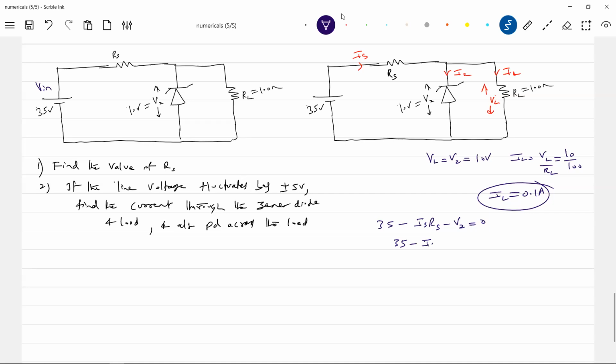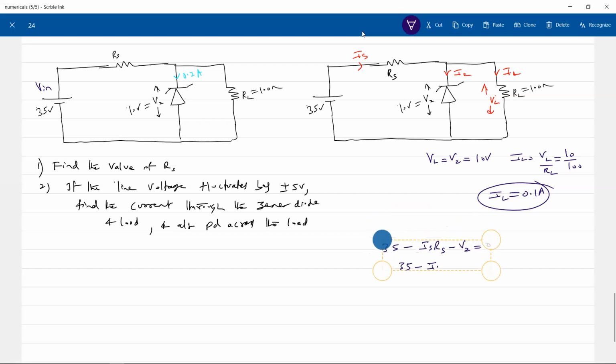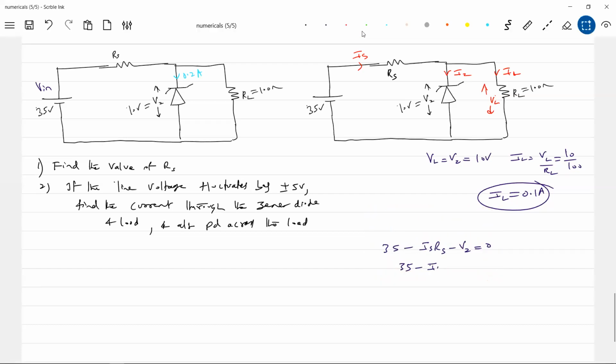I'll check once. Oh, this one. I'll give some value. Current through the Zener diode is 0.2 ampere. This is what is needed.